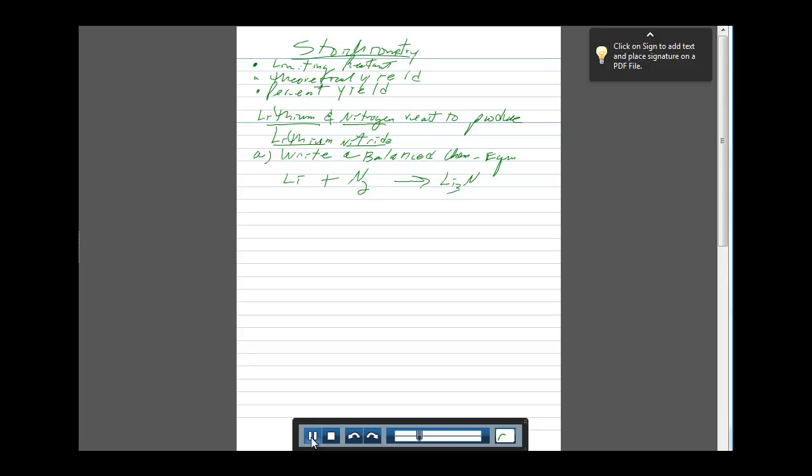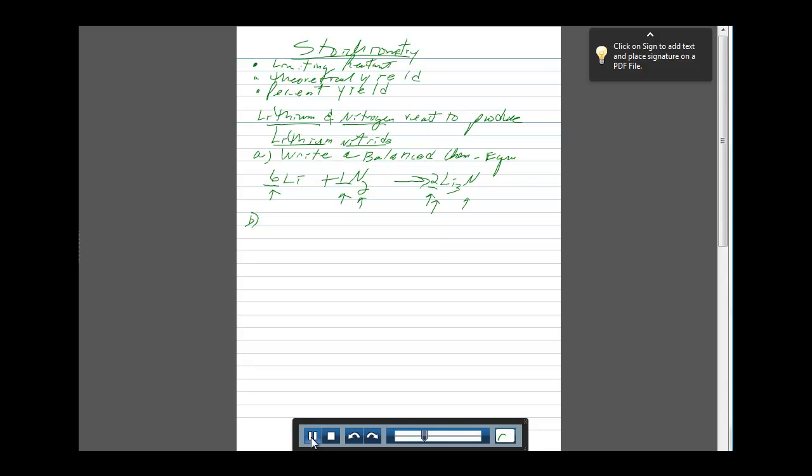Now what I need to do is balance this. Notice that I have two nitrogens. Here I have one, so I'm going to multiply that by 2 for Li3N, and that gives me 6 lithiums, which then I have to put a 6 in front here. Of course that one stays as 1, so my coefficients are 6, 1, and 2.